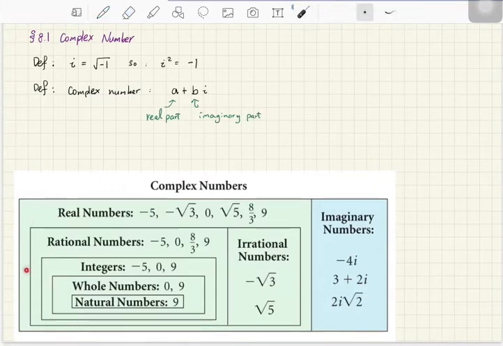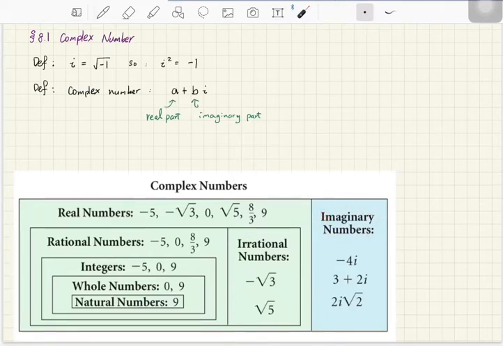Here is a diagram showing the relationship between different types of numbers. In general, the complex number is a larger number system, and the real numbers are part of the complex numbers. And complex numbers have three types: pure complex number, pure real number, and pure imaginary number.